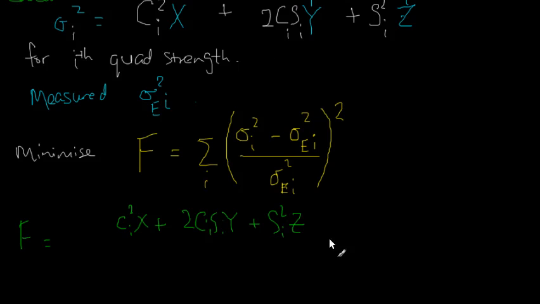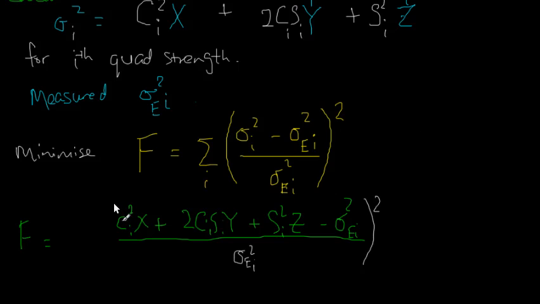So that's coming from up there. Minus, from here, sigma Ei squared, so this will be over sigma Ei squared from there, and I'll just put the brackets around it. And then sum over all quadrupole strengths.